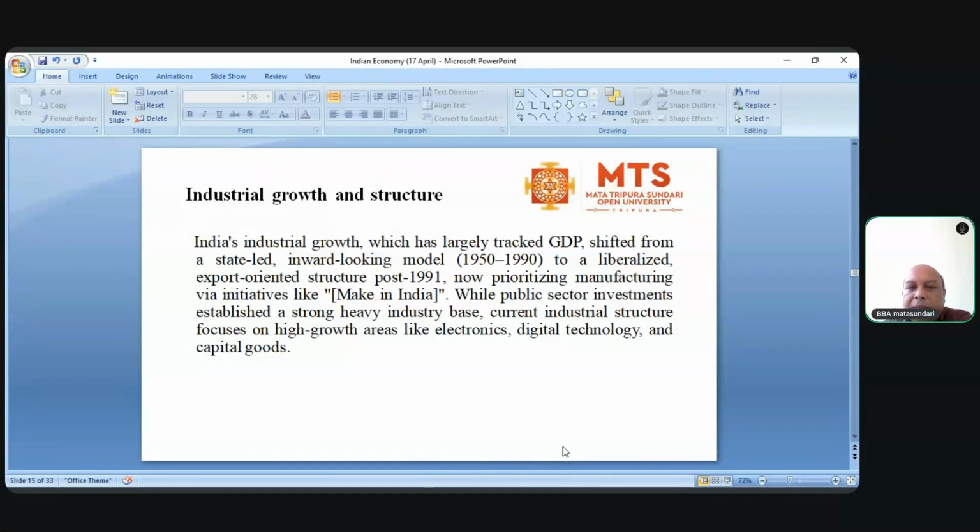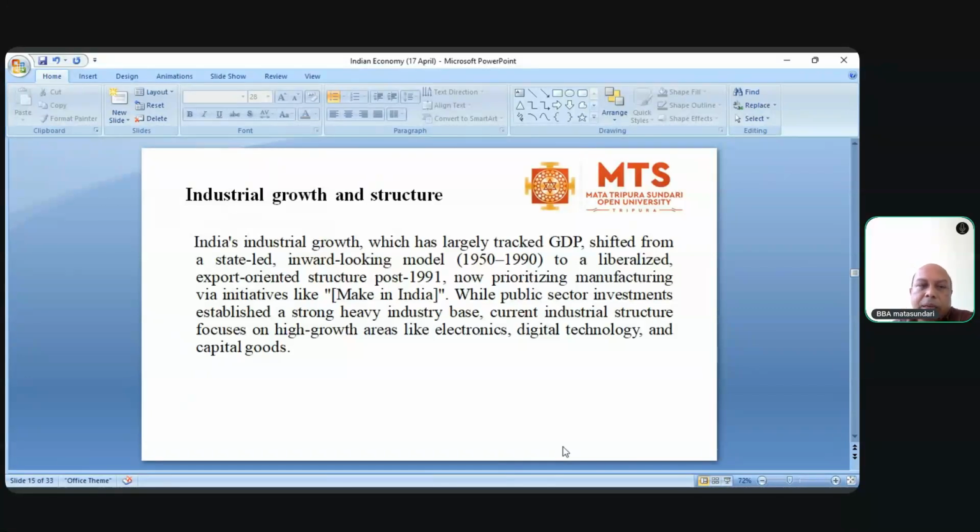But after 1991, the Indian government opened the industrial sector, and thereafter encouraged foreign firms to spend money in India to set up various industries. The Indian government also took initiatives like Make in India for expansion of the industrial sector.